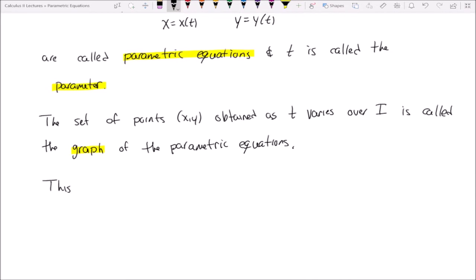This graph is called a parametric curve. And it is typically denoted by C.